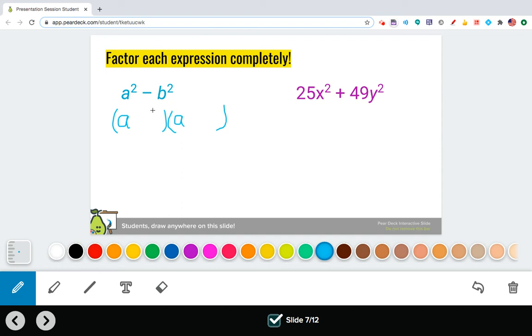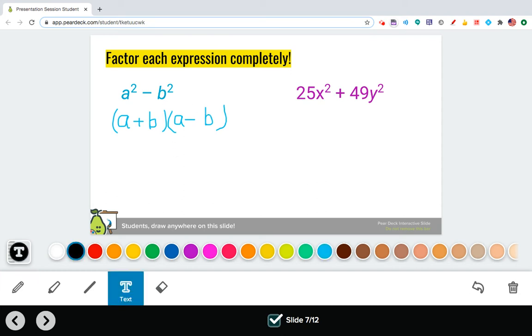The second term is the square root of b squared. And then I need, as signs, a plus and a minus, or a minus and a plus, it does not matter the order, but I need those signs to be different. So that's the general form to factor the difference of perfect squares.